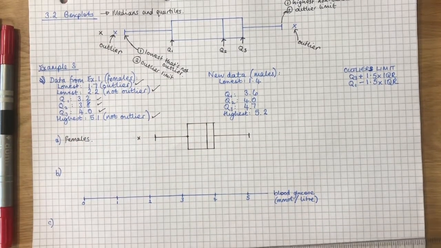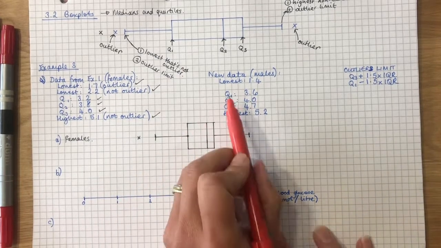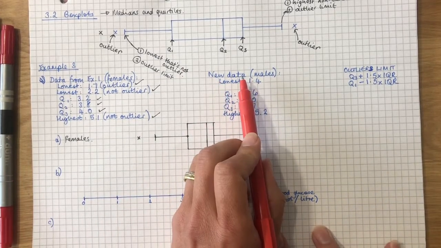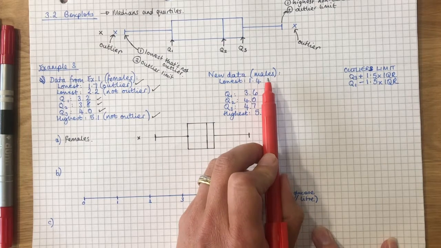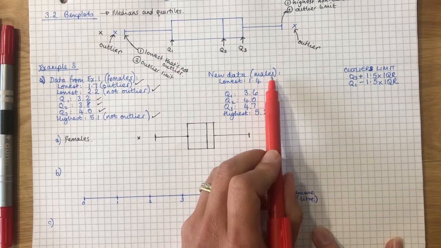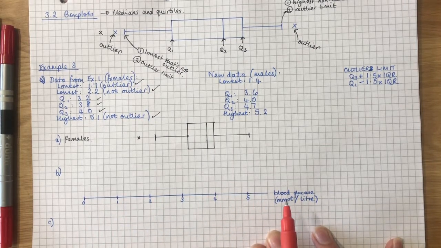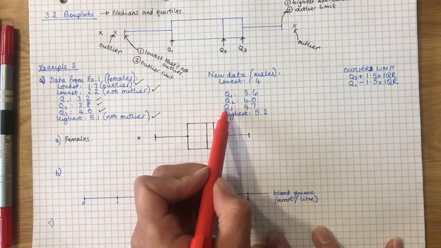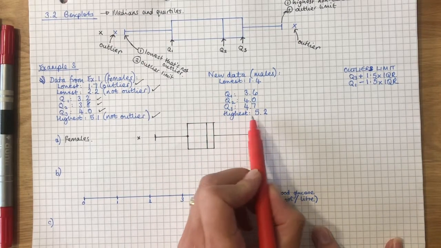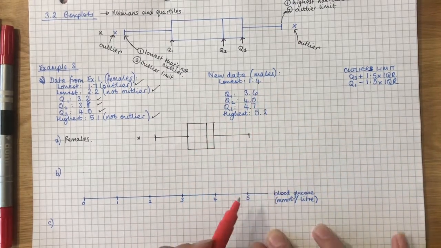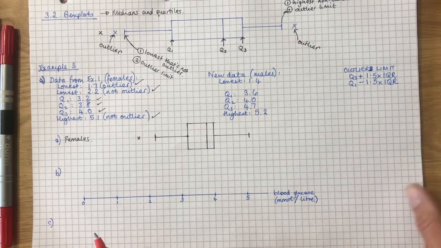Now, just before part B in this question, we are given some new data about the blood glucose level of 30 males. So same units here, micromoles per litre, and you'll see I've labelled the units on our scale axis here. So this time we know the quartiles, we know the highest value, we know the lowest value, but we don't know yet if there are any outliers. So I'm going to start by drawing the box and then we'll think about the outliers.